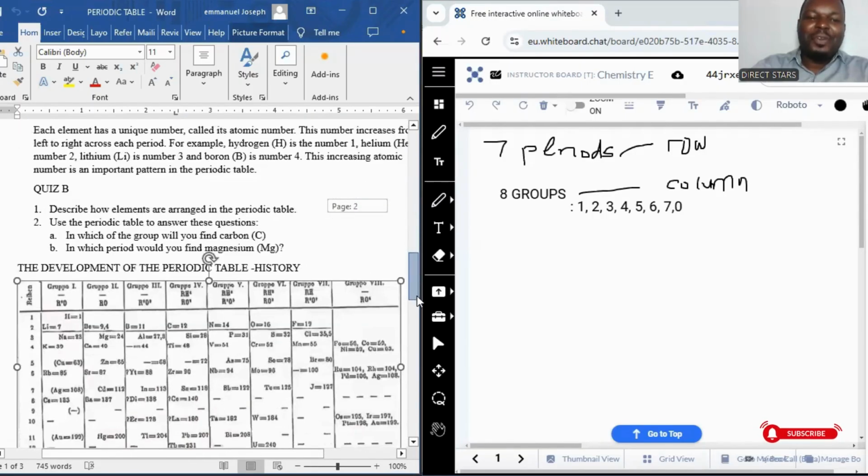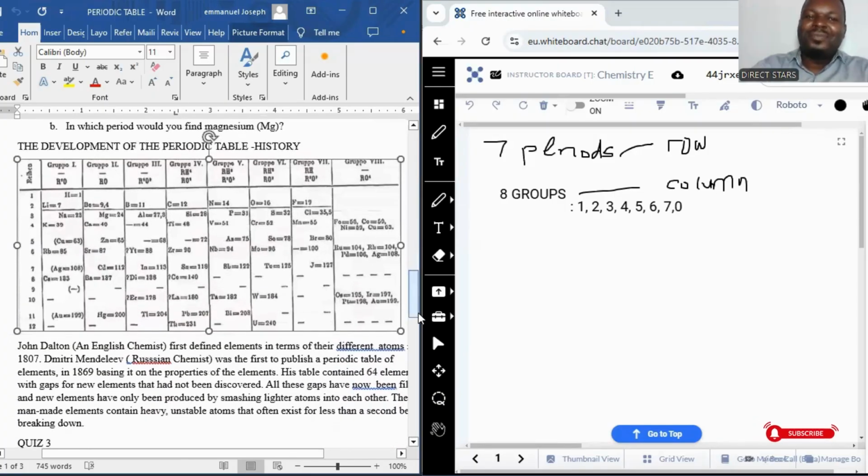This is how the periodic table looked when the Russian chemist Dmitry Mendeleev developed it in 1869.